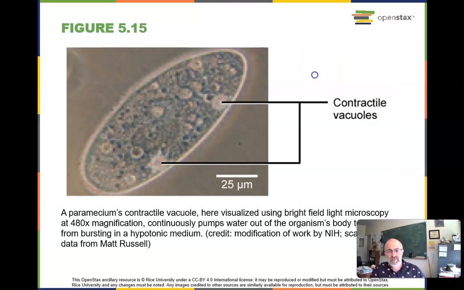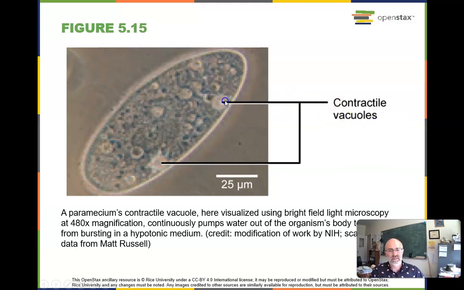Okay. Some animal cells, again, these are not central vacuoles. These are what we call contractile vacuoles, and they can be useful for these aquatic single-celled organisms like paramecium. They're constantly dealing with this issue: sometimes they're in hypertonic, sometimes they're in hypotonic, sometimes they're taking on water, sometimes they're losing water.